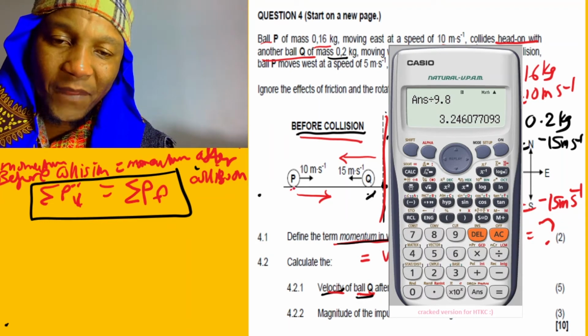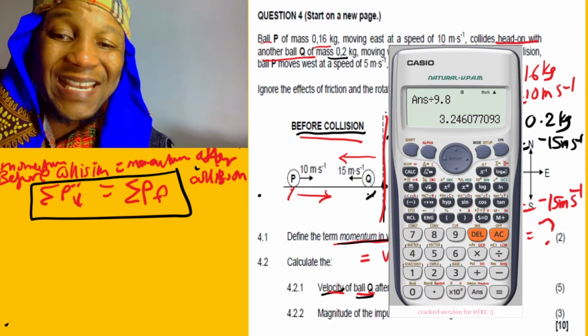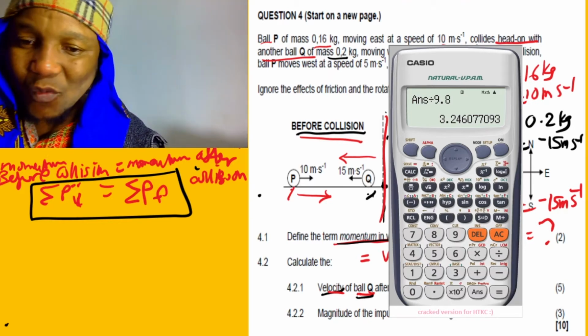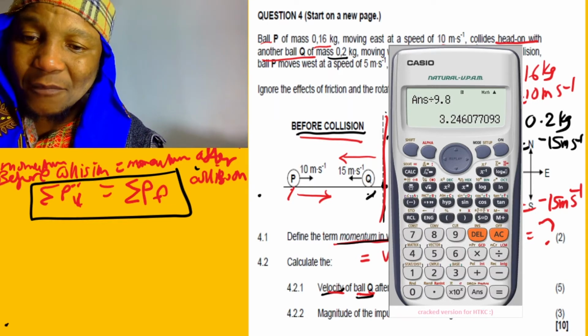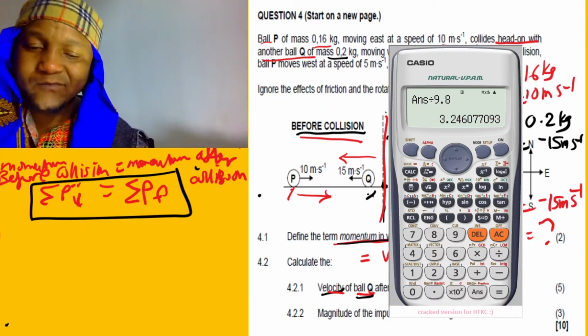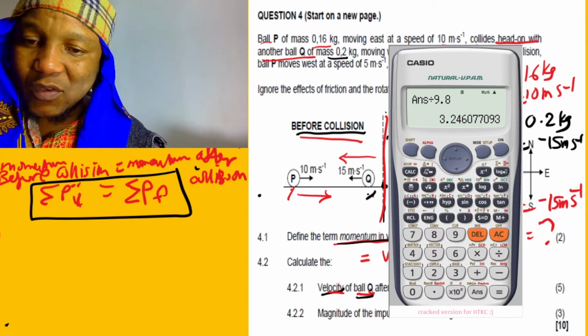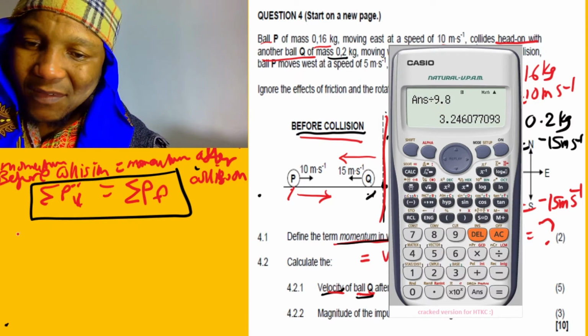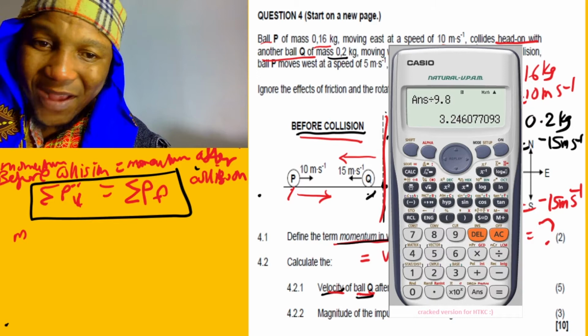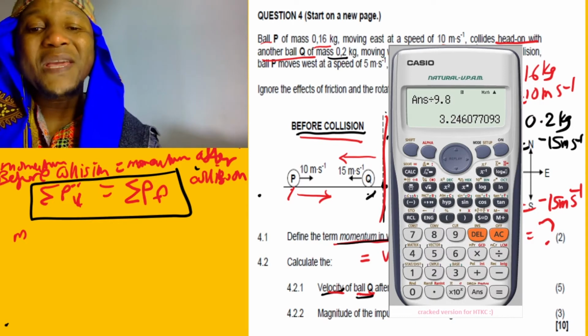We had a mass of P with the initial P because it's initial. So for that case, we say mass initial, mass of P. Let me give you the general definition.